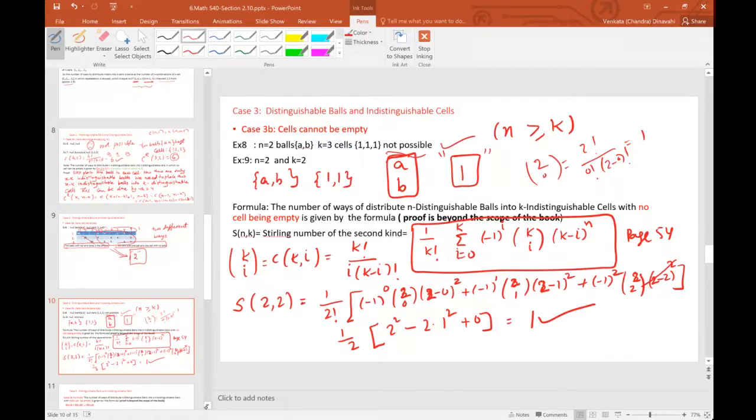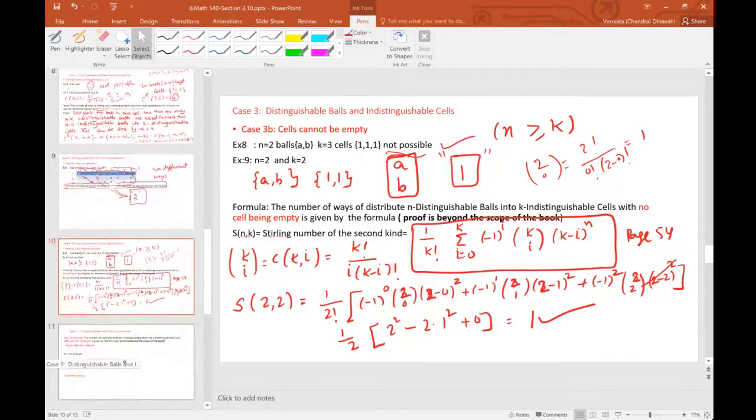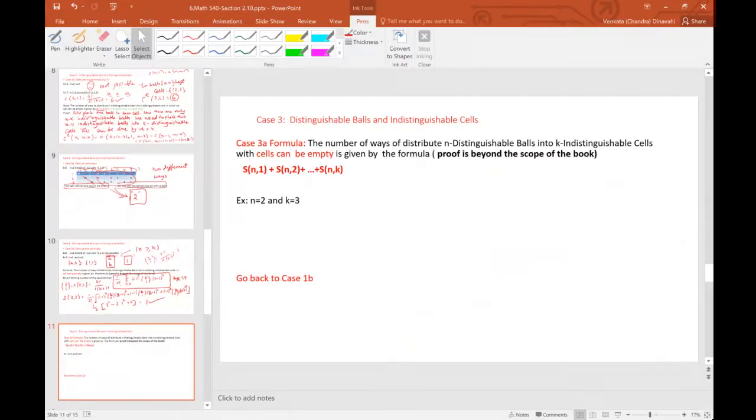Now we are going to derive the formula for case 3a when the cells can be empty. And again, the number of ways I can put n distinguishable balls into k indistinguishable cells with the cells being empty is going to be given by this formula. Again, they simply said in the textbook the proof is beyond and complicated.